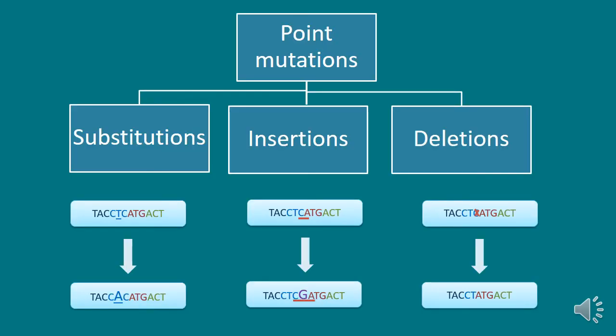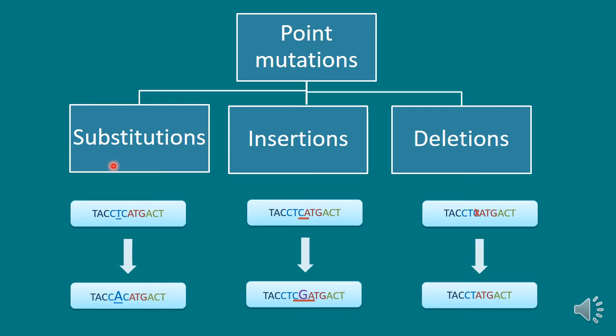In monogenic disorders, we can very frequently see single nucleotide changes. And these changes are called point mutations. These point mutations are of three types. The first type is substitutions, the second type is insertions, and the third type is deletions.